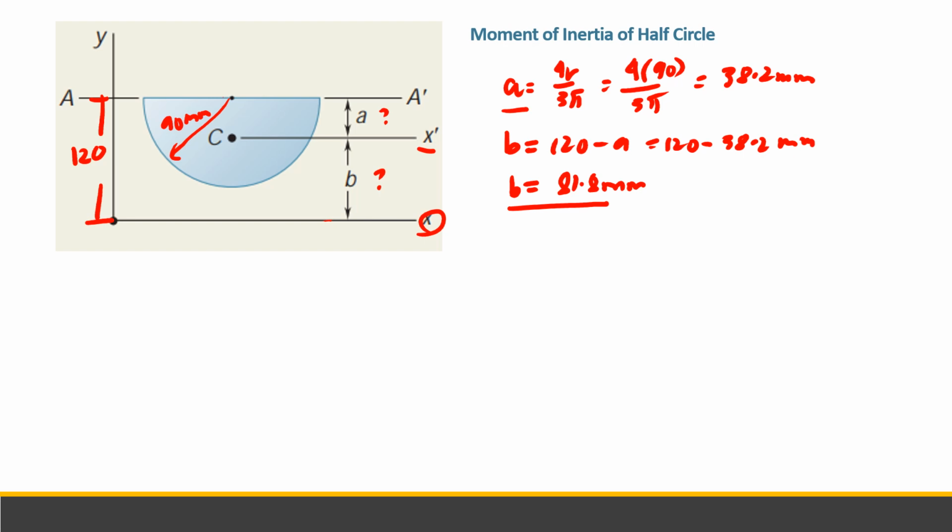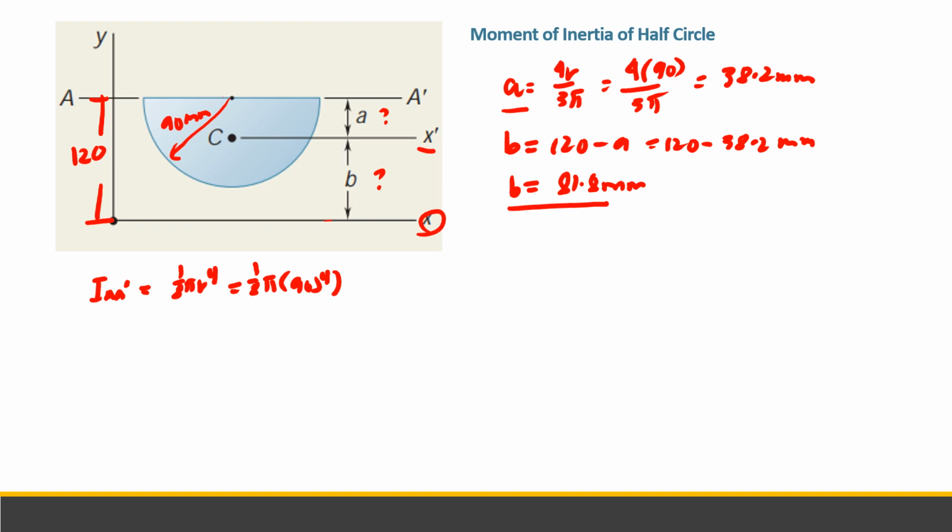Okay, so we are given the moment of inertia with respect to its base. So this time base natin is AA prime. So this is equal to yung kanina, 1/8 pi r to the 4. Given to kanina, no? So 1/8 pi times radius, 90, to the power of 4.